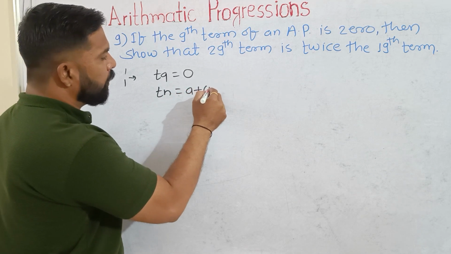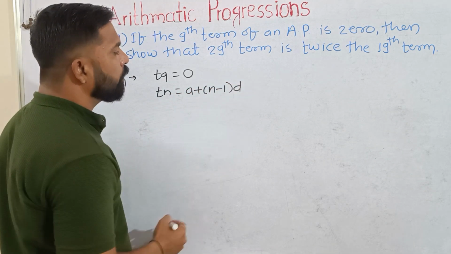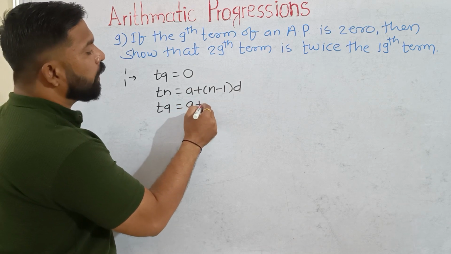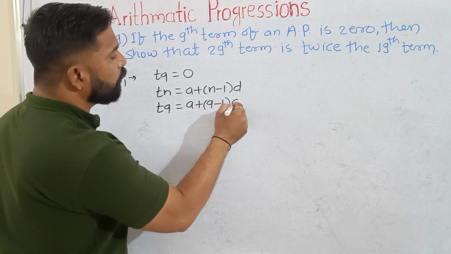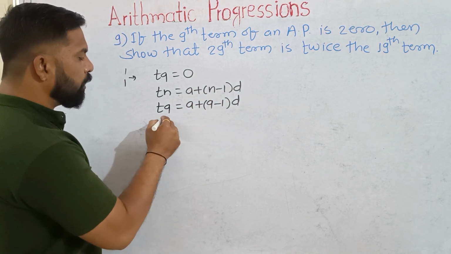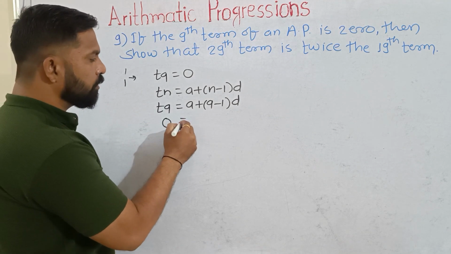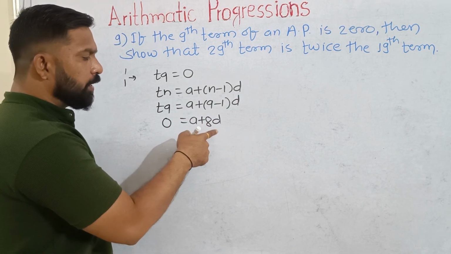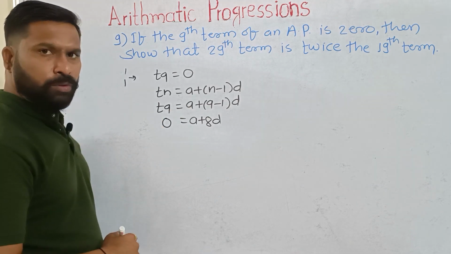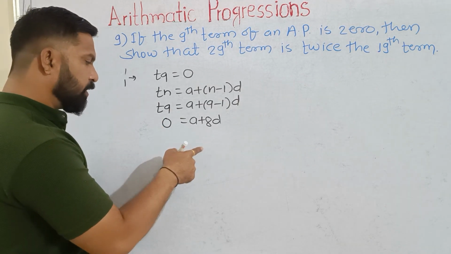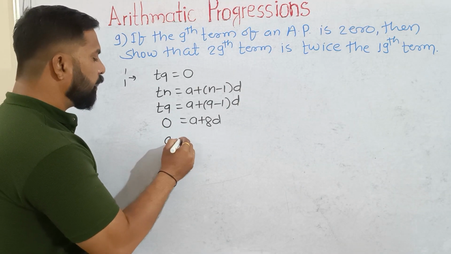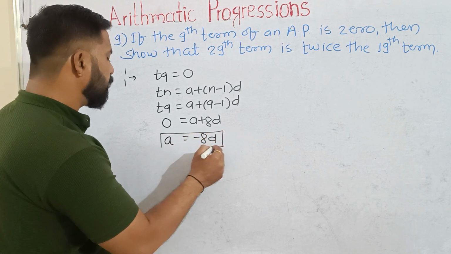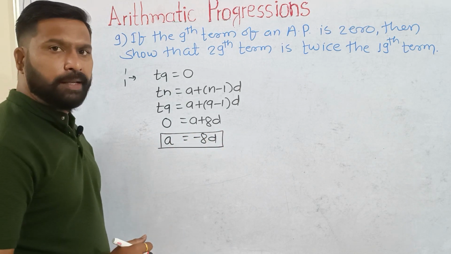With the formula a plus n minus 1 into d. Then T9 is equal to a plus 9 minus 1 into d. Its value is 0, which is given to us. A plus 8d is equal to 0. So if I send this 8d to the right, a is equal to minus 8d. This is the relation between a and d.